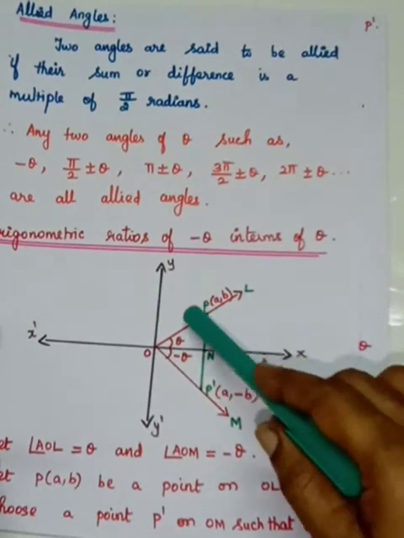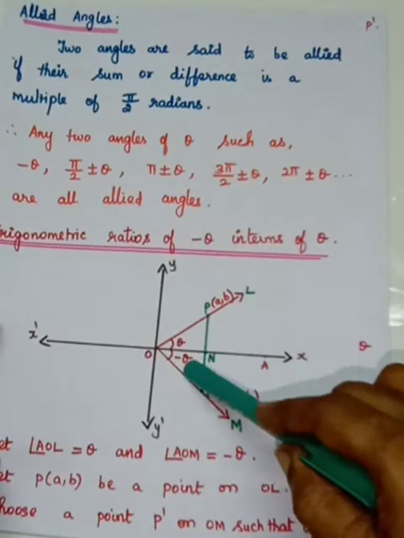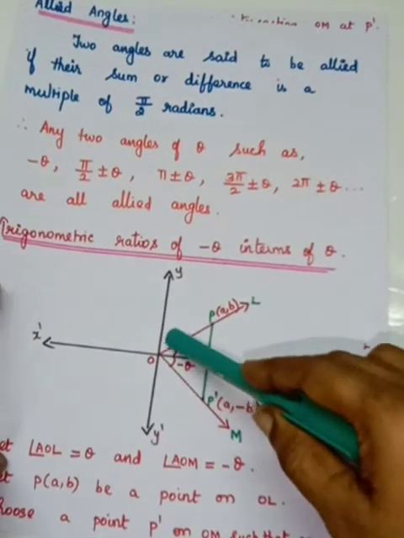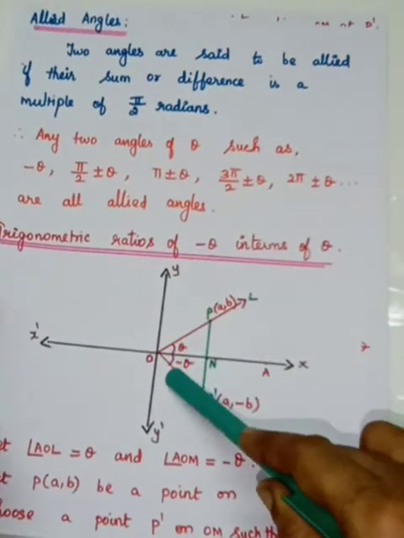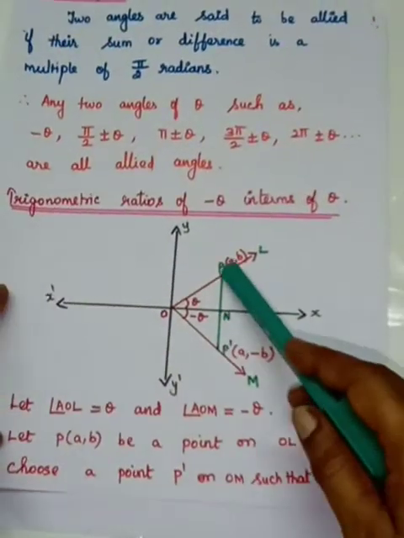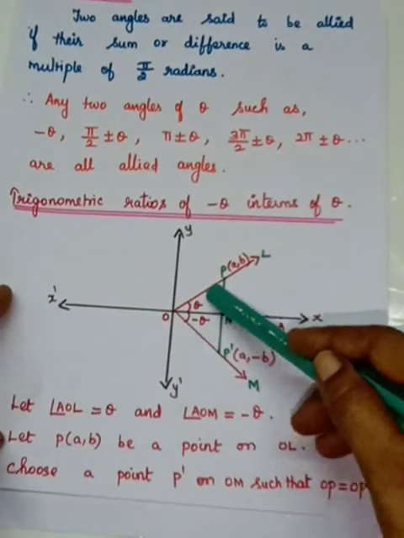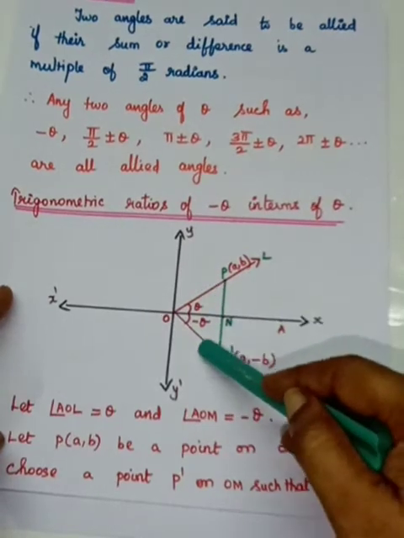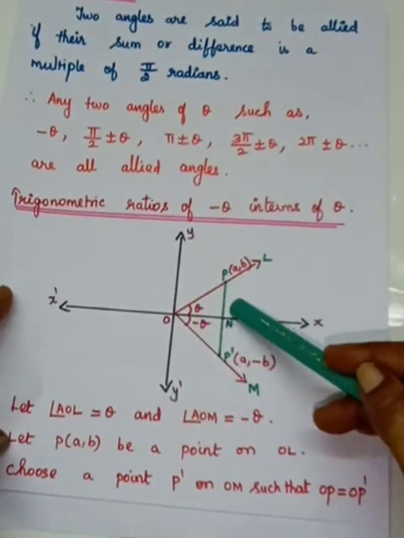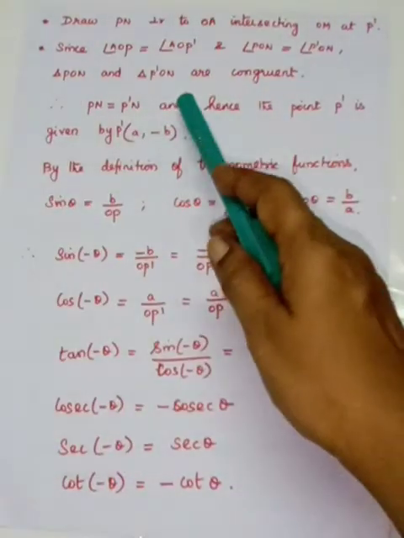You see, this angle is theta, and here it is minus theta. Both values are the same, but one is anti-clockwise and this is clockwise. So the triangle PON and the triangle P dash ON are congruent. These two triangles are congruent.